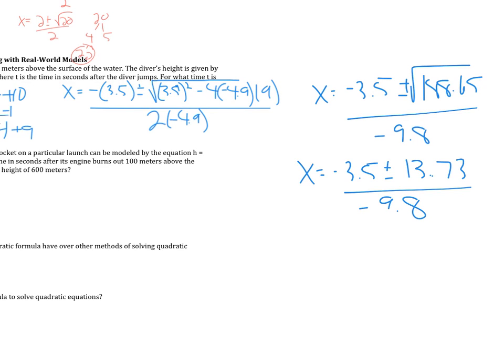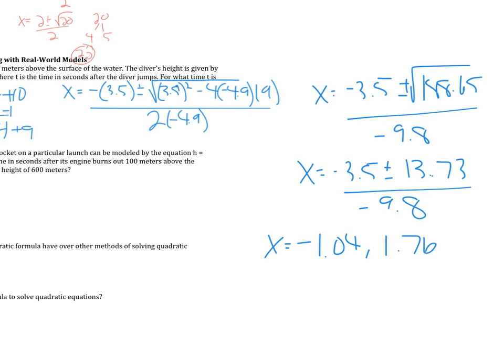So then we get negative 3.5 plus 13.73, and then divide that by negative 9.8, and that gives us a negative 1.04, and then negative 3.5 minus 13.73, and divide that by negative 9.8, and that gives us a positive 1.76.